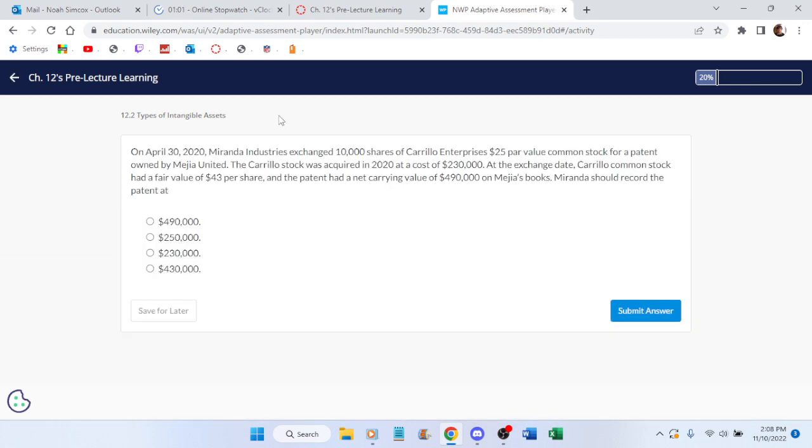On April 30th, they exchanged 10,000 shares at 25 per value for a patent.